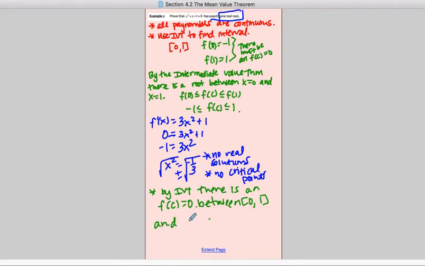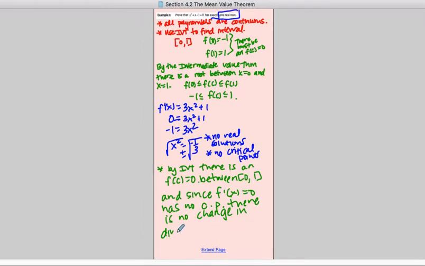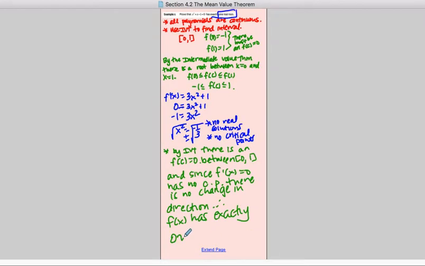And since f prime of x equals 0 has no critical points, there is no change in direction. Therefore, f of x has exactly one root. Okay, so there is our proof that we have shown.